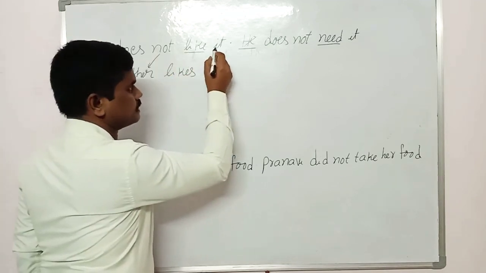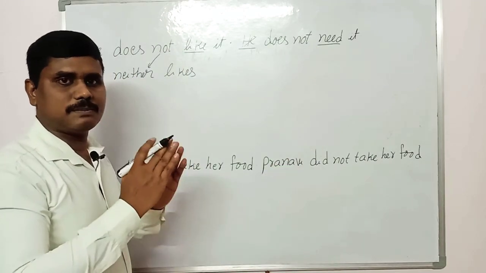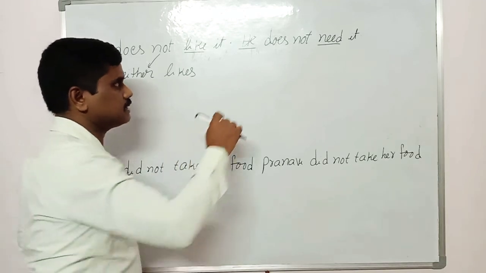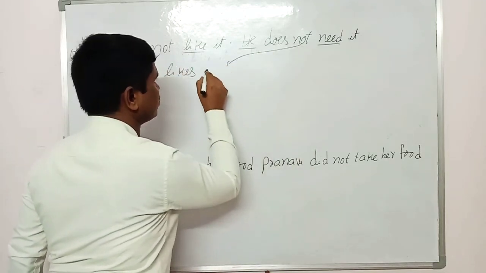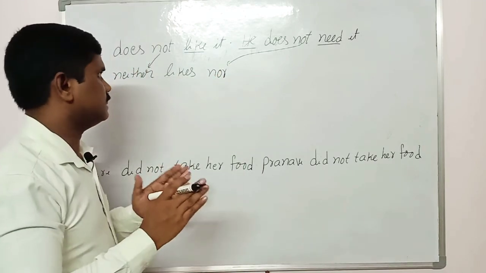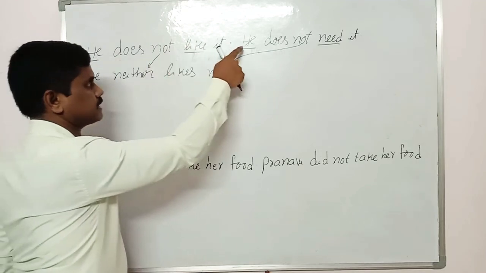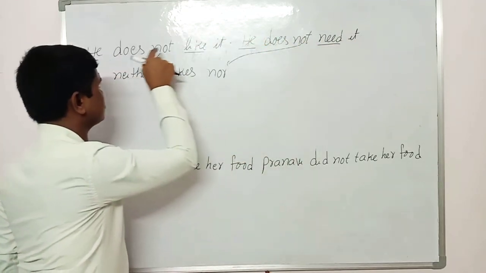Now this is the object, this is the object. Both objects are the same. That means next we cancel this does and here we write another negative word, nor. Once again, listen. Here two subjects are the same, here two objects are the same.